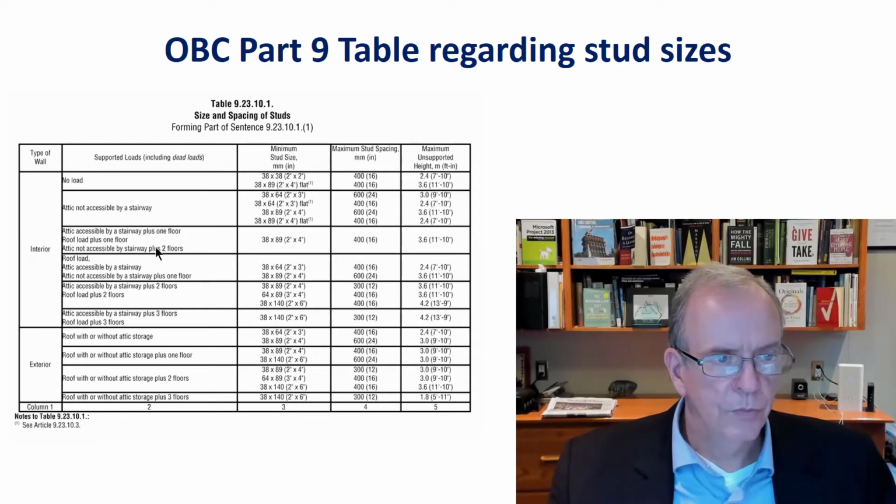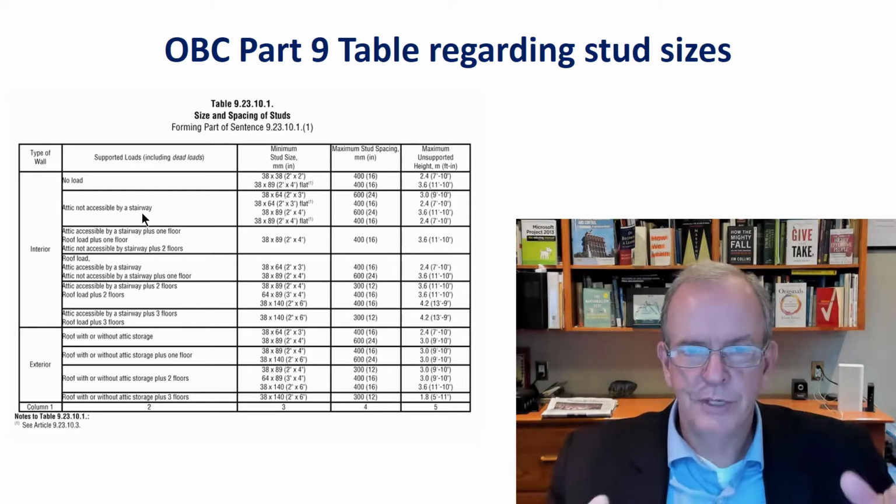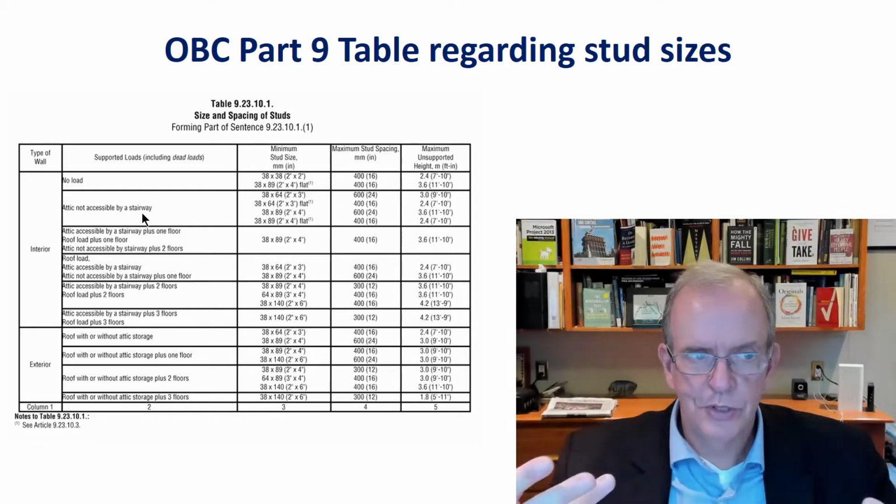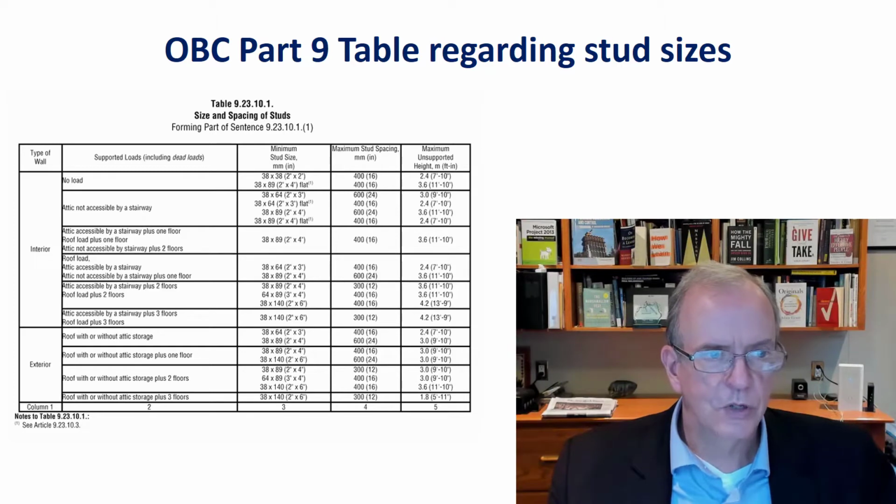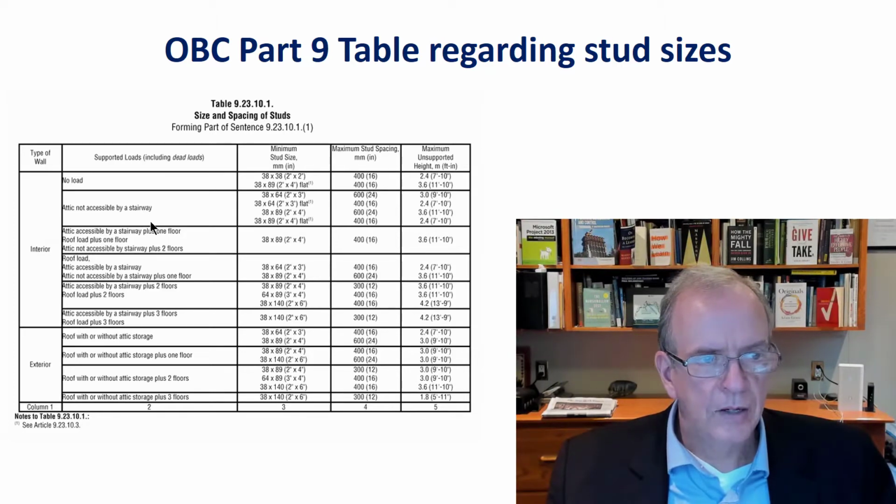And so if we're looking at the interior here, attic not accessible by a stairway. That would probably be like a story and a half, but it doesn't have an extra story above, it's just got kind of a storage area. And it goes step by step from attic not accessible by a staircase to attic accessible by a staircase plus 2 floors roof load.